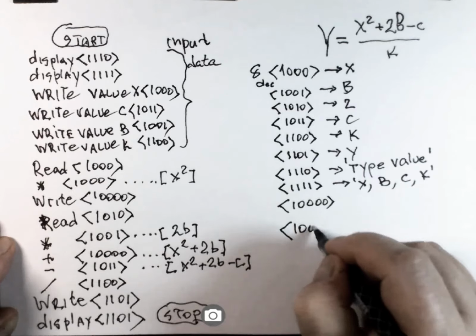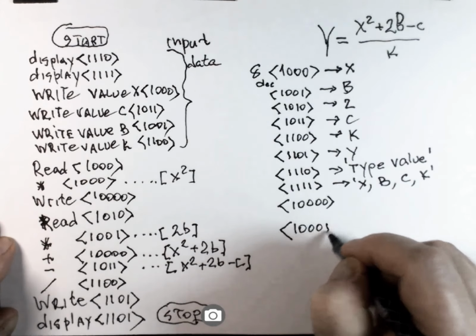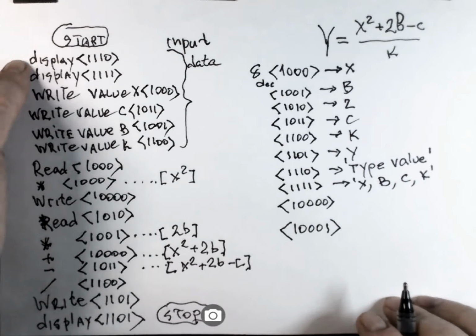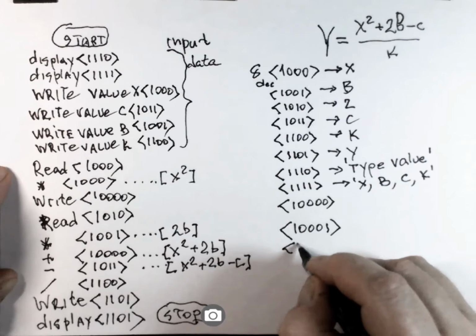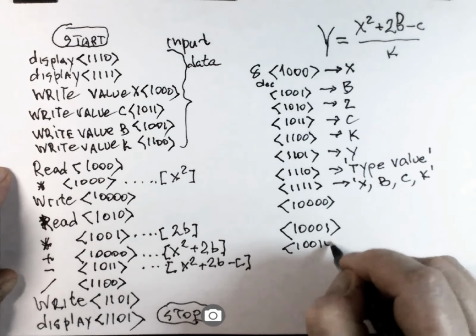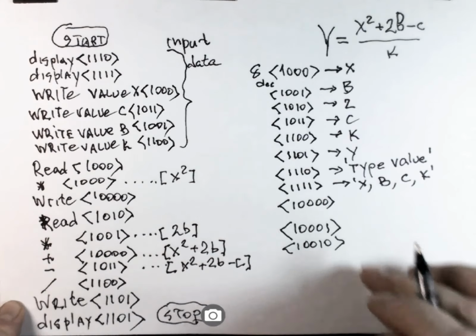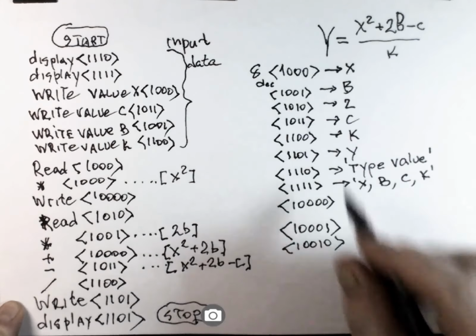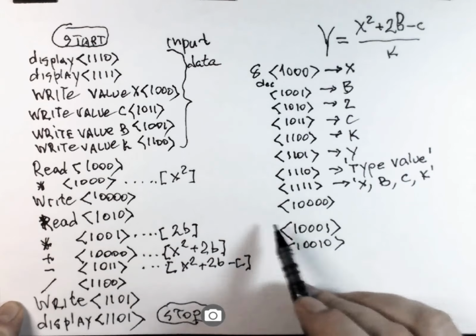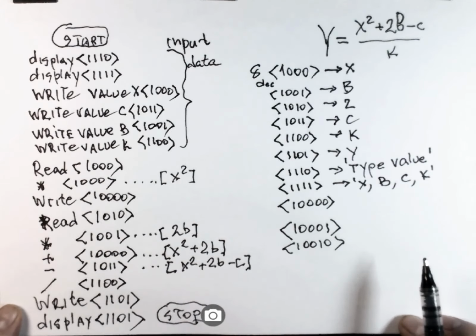Cell 1001, that will be the first command, in a cell 10010, that will be my second command. So they will be enumerated and will be placed in memory further downstairs with all the data that has been here.